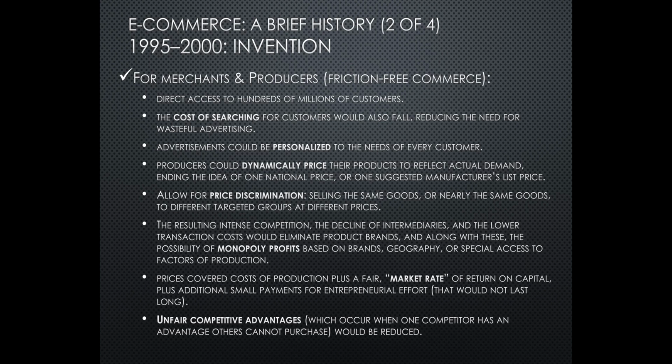Also, there is intense competition because of the decline of the intermediary or middle person. Transaction costs were lower as well, and the price covers the cost of production plus a fair market rate.